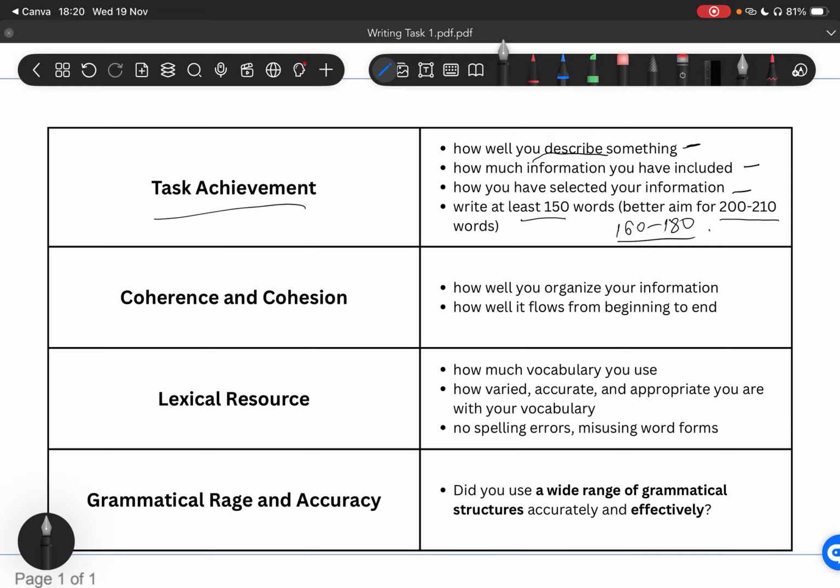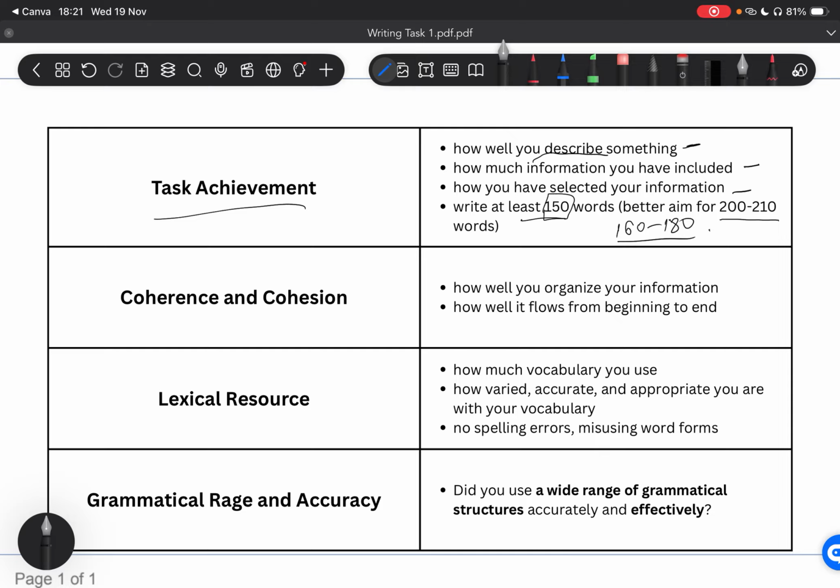It's not something that you should stick to. As long as you exceed 150 words, it's fine. And try not to write more than 200 words because then it's not going to help you. It's just going to be something like a mess if you just keep describing each of the items from the graph separately.